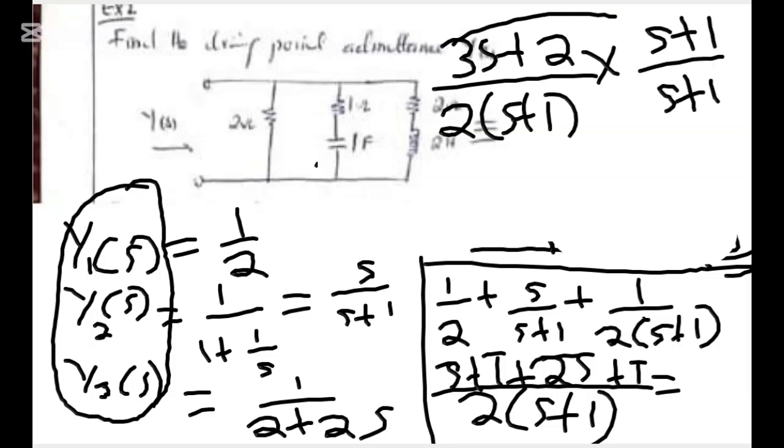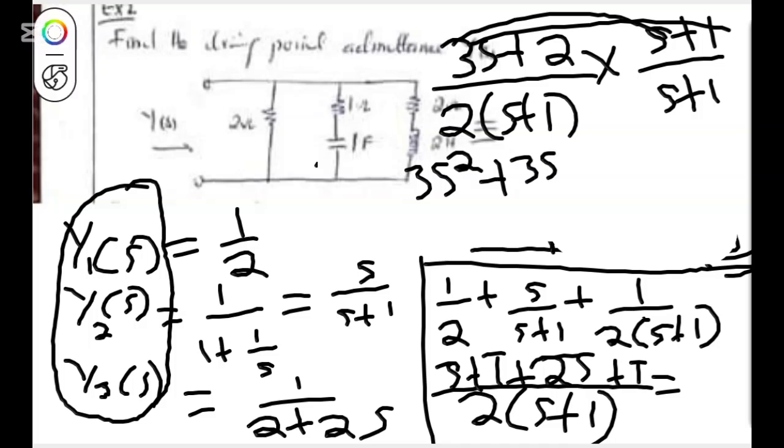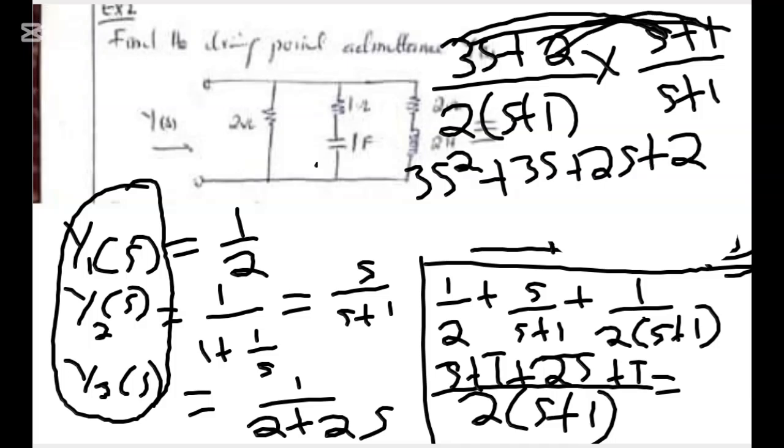So this s multiplied by this, I'll get 3s square, and this multiplied by this, I'll get 3s. After then 2 multiplied by this, I'll get plus 2s. This multiplied by this, I'll get only 2.